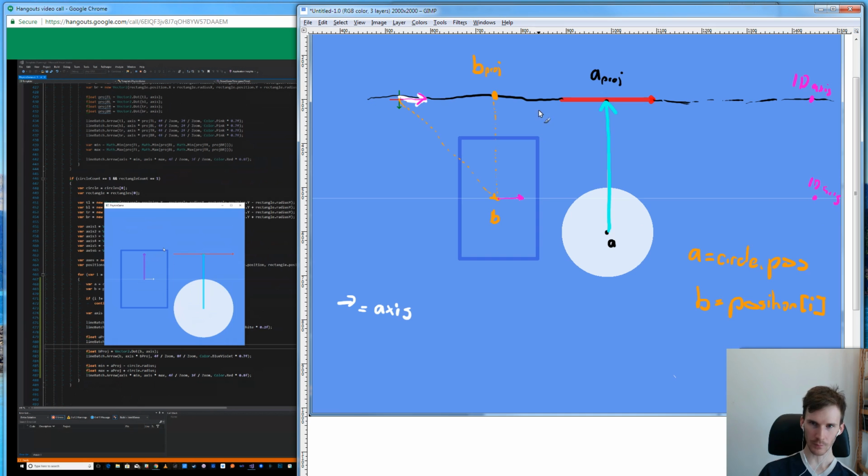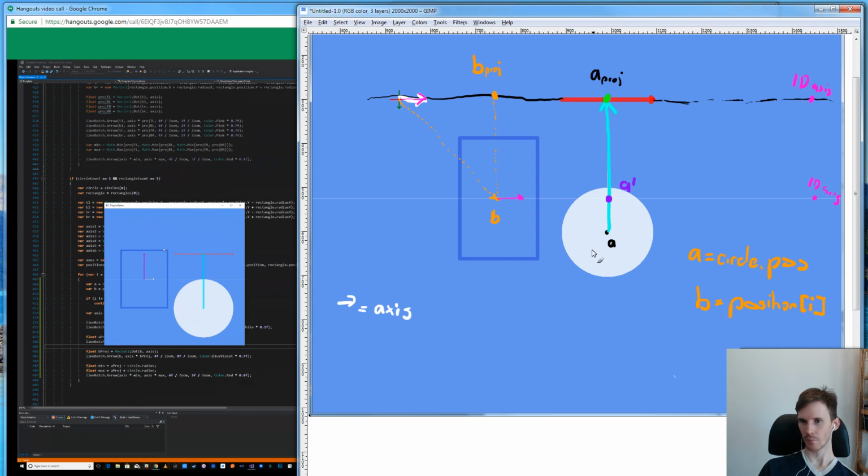So if we look at this diagram, we have A project here. Now I'm having the same color problem. Nice dark purple. So we want this point here. Let's call this A prime.